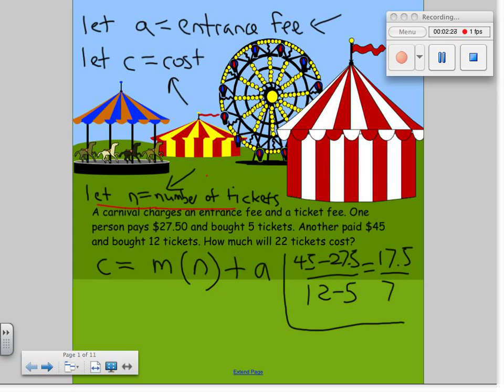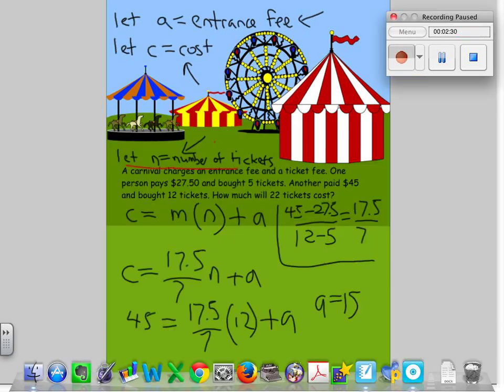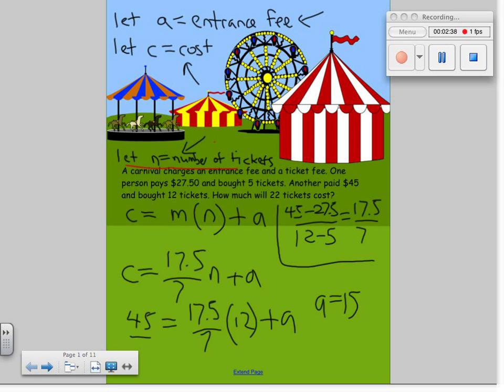When I go through this problem, I just substitute the numbers back in. I'm going to choose to substitute in the 45 and the 12, because those are easier numbers to work with than 27.50 and 5. When I do that, I get my y-intercept. Now all I need to do is plug in new numbers.